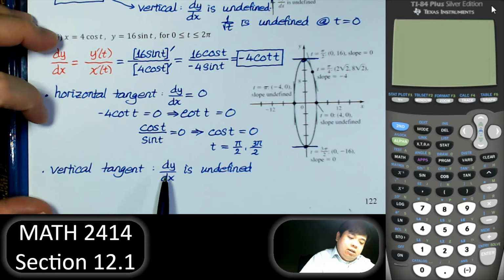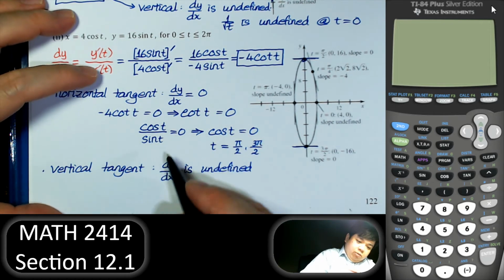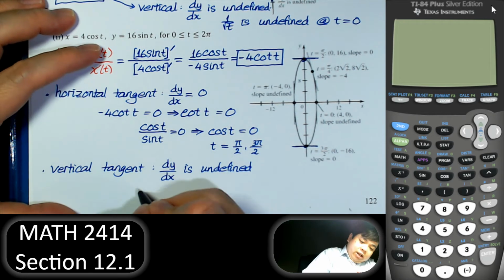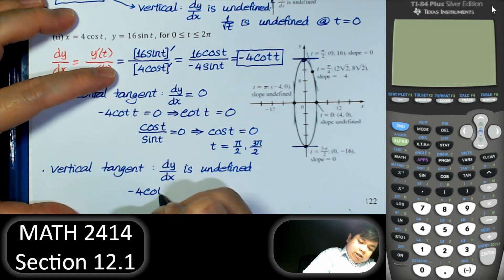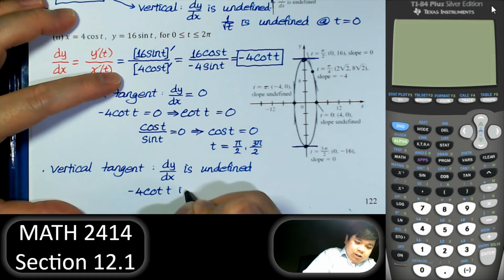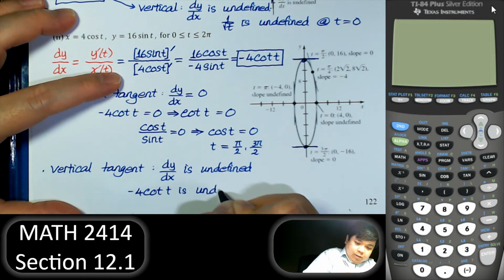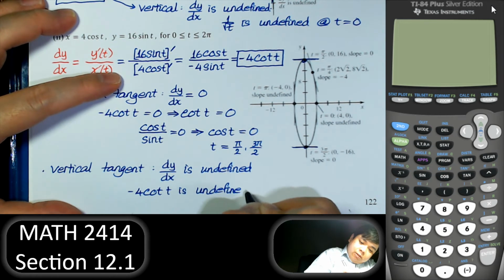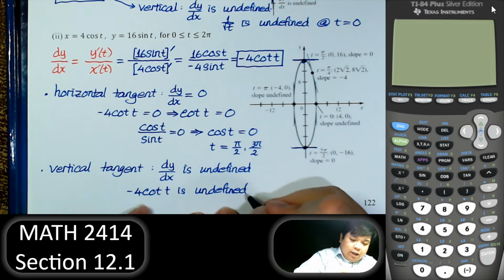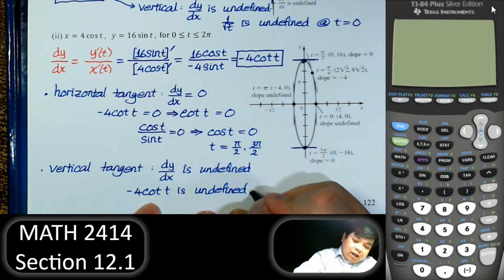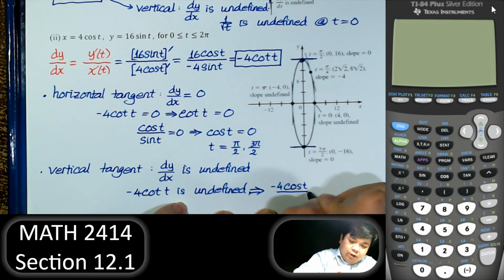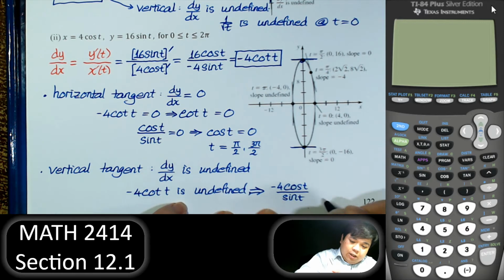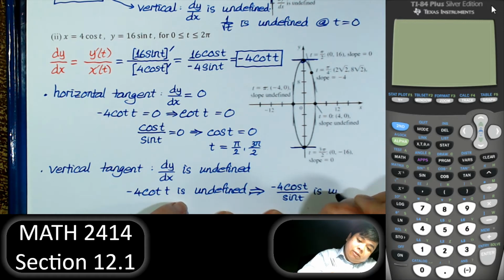And then the derivative is this, or we can just say it for cotangent is undefined. And that gives us -4 cosine over sine is undefined.